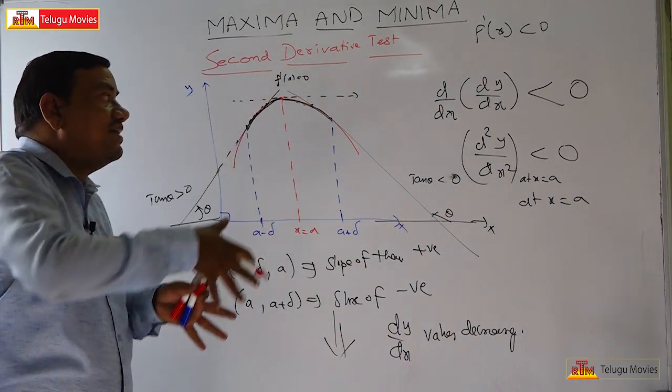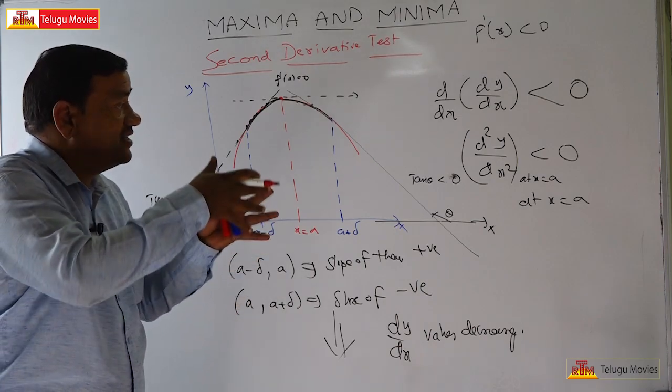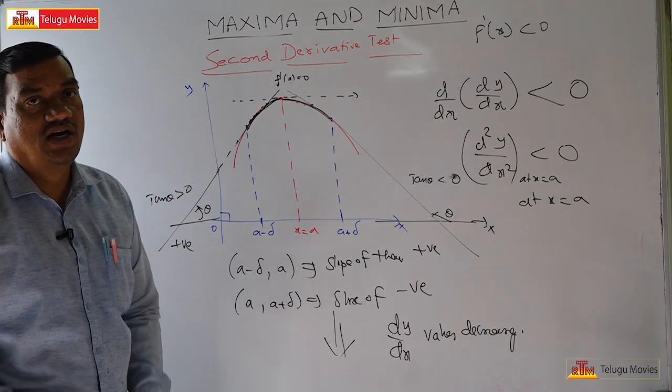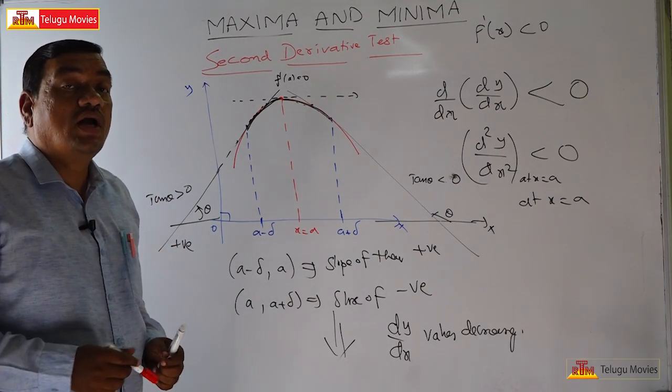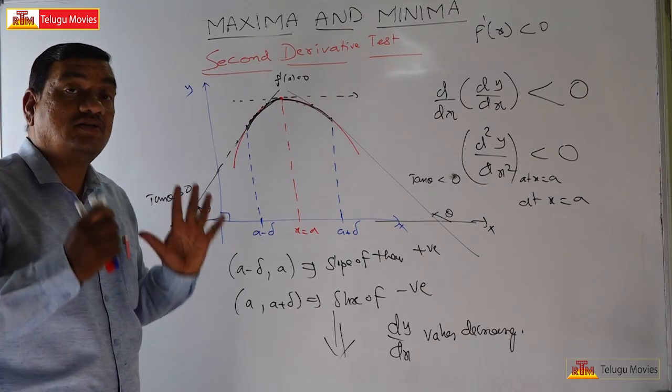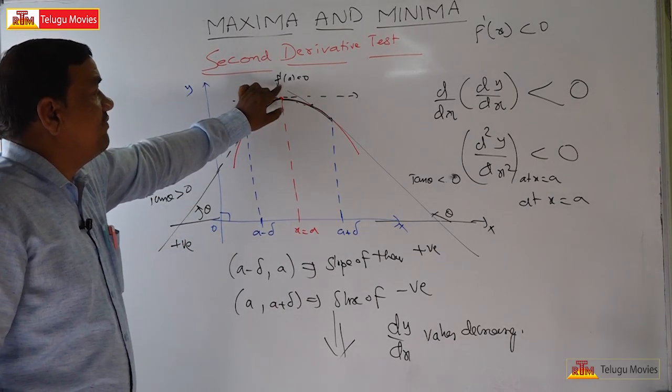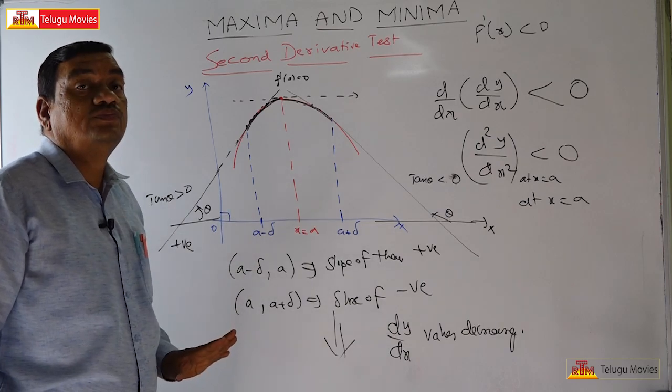That means d by dx of dy by dx is less than 0. Therefore, the second derivative is less than 0. Understand? So, for a local maxima, or simply maxima, first you have to find f dash of a is equal to 0.